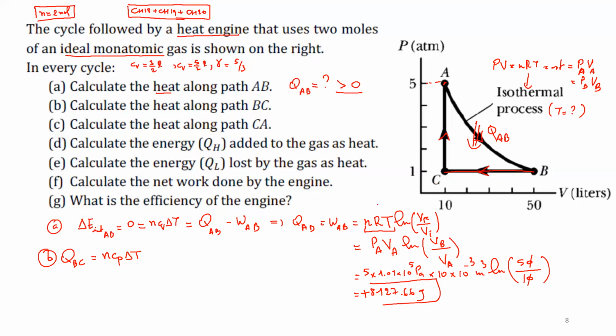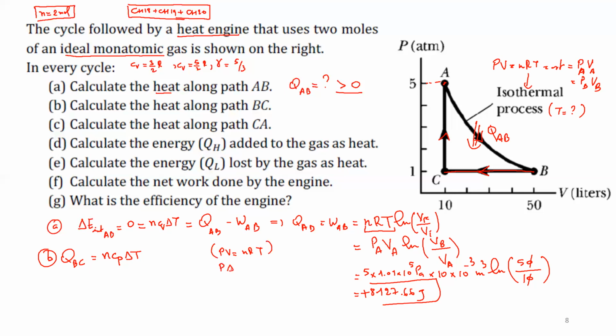Good. Now, how to get delta T? It's not explicitly given. We can get it. PV is equal to nRT. Here, P is constant. So if I take delta of everything here, the P will get out.